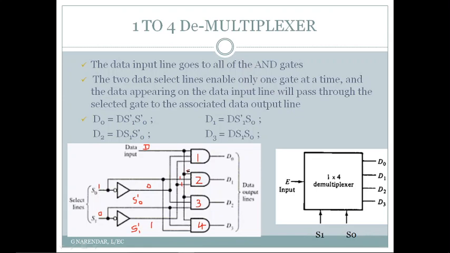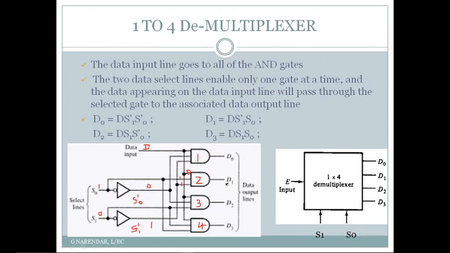So this data input goes to all the AND gates, but the other two lines will change depending on the bit combination chosen for the selection lines. So for the chosen bit combination, for AND gate 2 we have the two inputs as 1 and 1 apart from the data input.